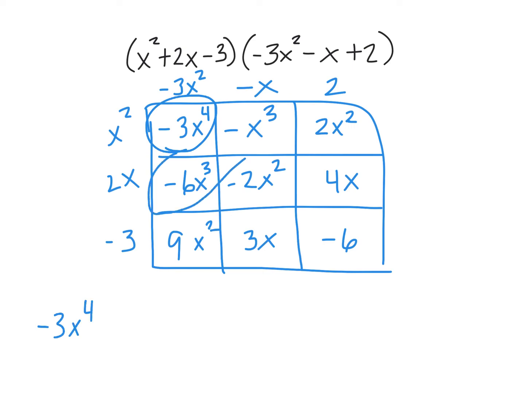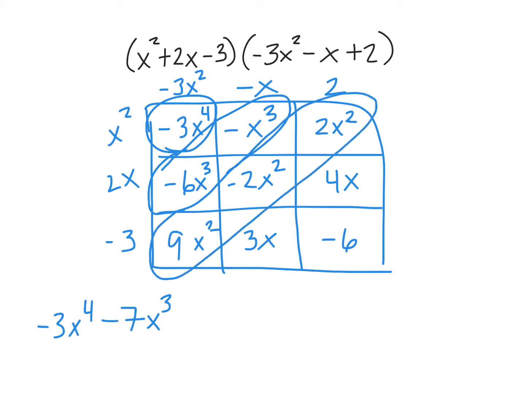When I combine these x cubed terms, I have a negative 6 and a negative 1. So that gives you negative 7x cubed. And then I look at the x squares. When you add these, you get 9 minus 2 plus 2. So technically, negative 2 and 2 cancel each other out, leaving you with positive 9x squared.